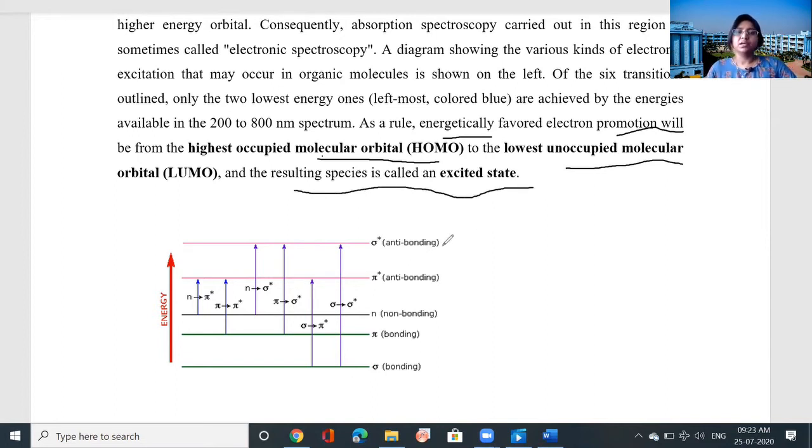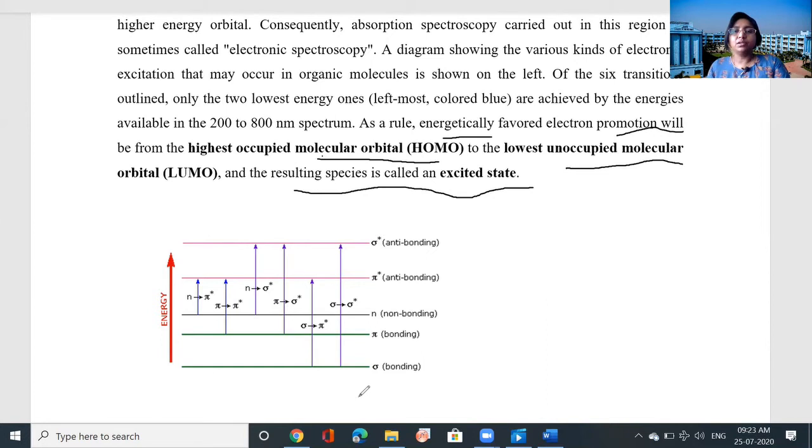As per molecular orbital theory, you can see what is non-bonding, bonding and anti-bonding, and these have specific energy levels.